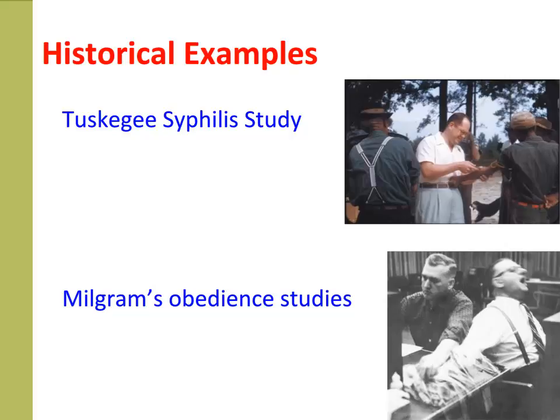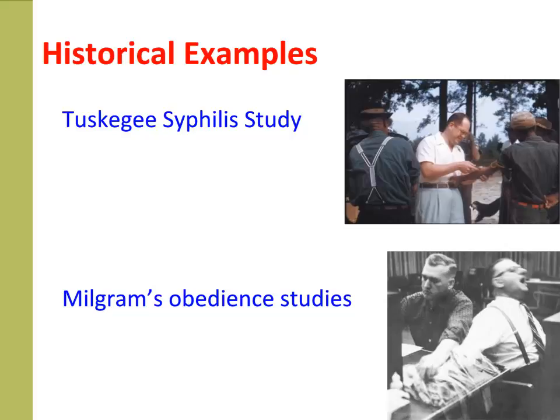The second issue is that they harmed the participants. The men were harmed because after the penicillin was developed, the men were not told and were kept from getting better. Also, the tests that they underwent were sometimes very dangerous and painful and did not benefit them in any way. And the third violation is that it targeted a disadvantaged social group.